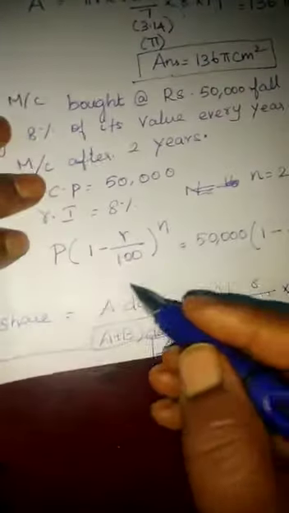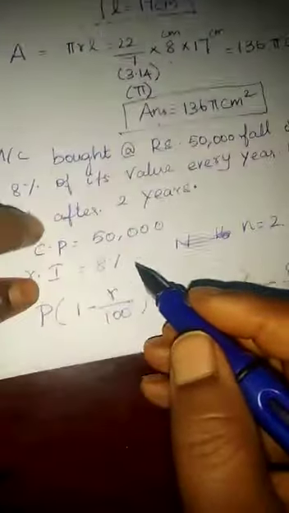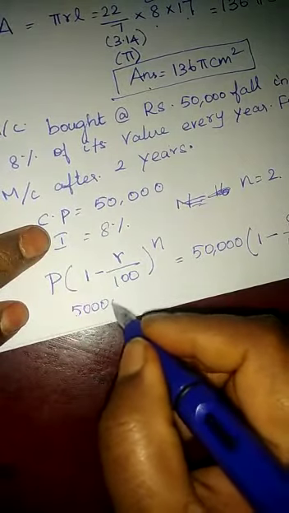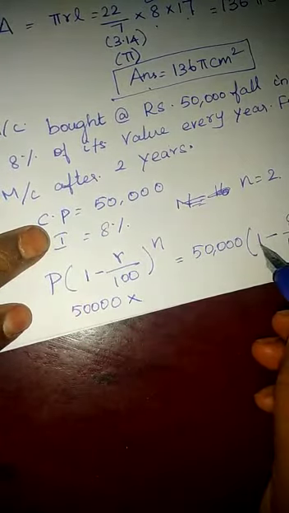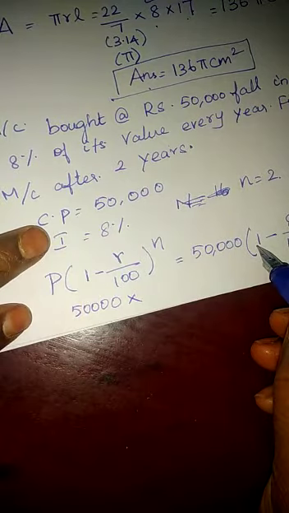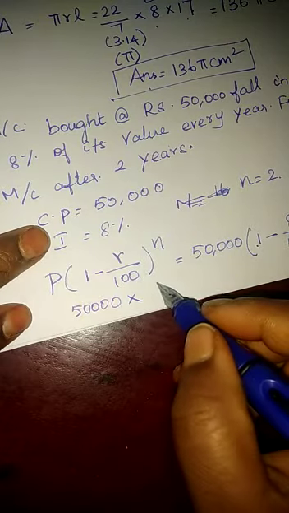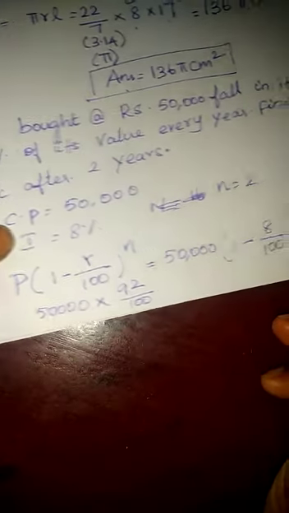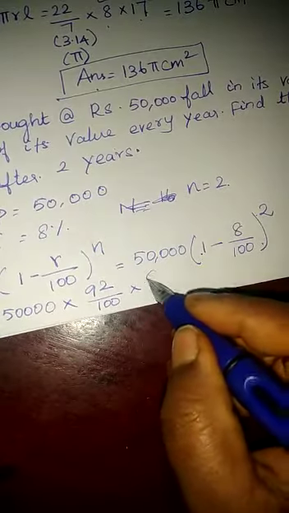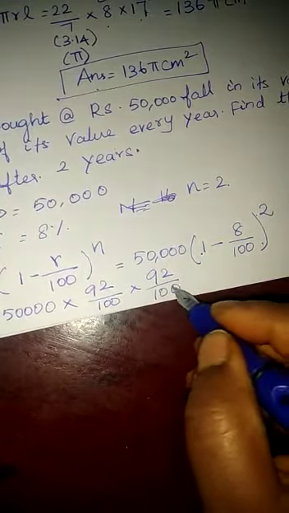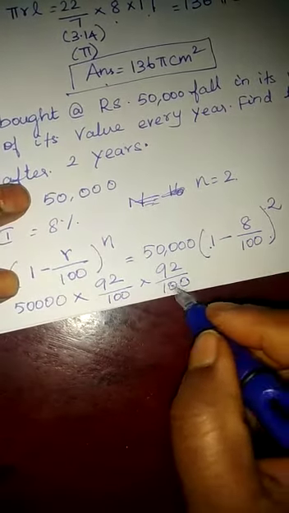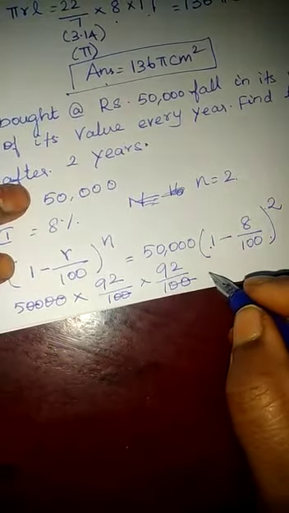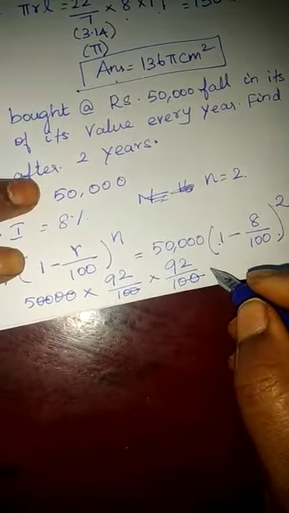So here 50,000 into 1 into 100. 100 minus 8 is 92 divided by 100. Here 2 times. So 92 into 92 over 100 into 100 we are getting. For 4 zeros we are dividing this 50,000, so it cancels.